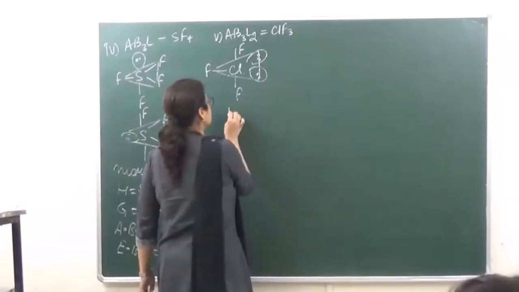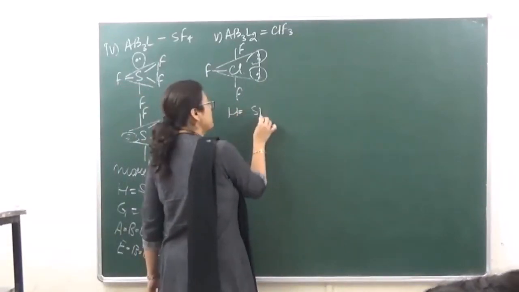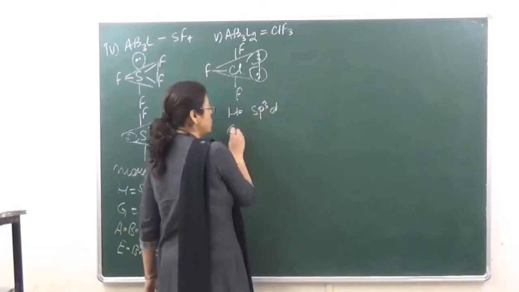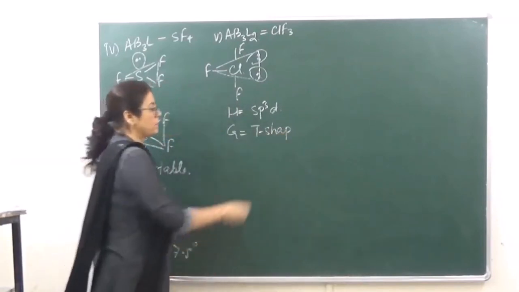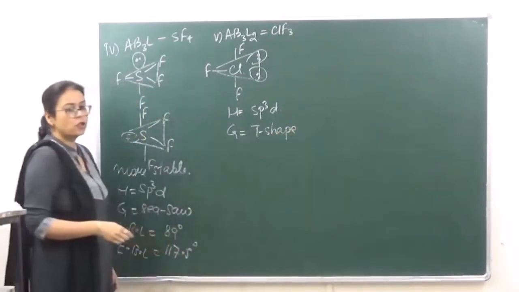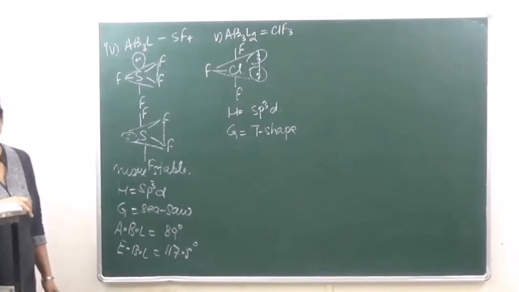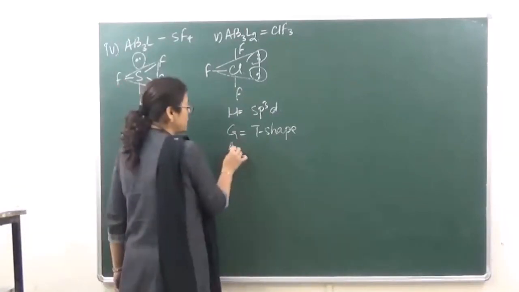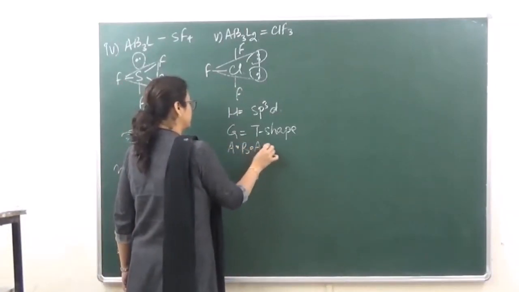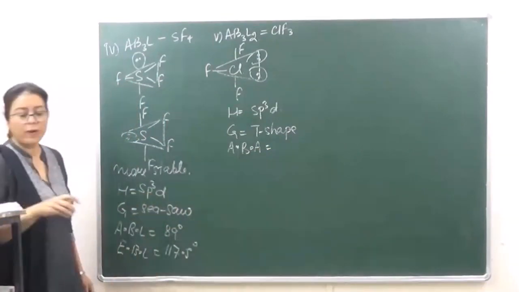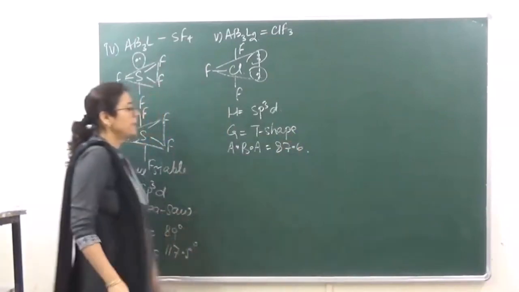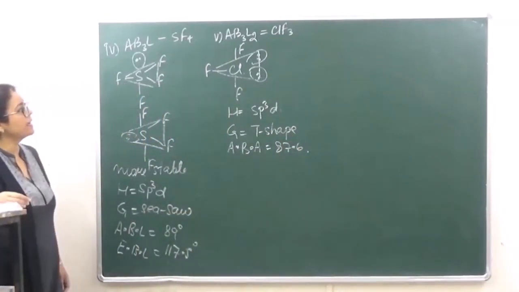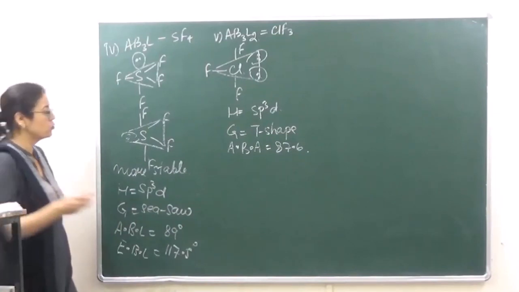Hybridization in this case is going to be the same, sp3d. The geometry in this case is going to be T shape. Clear? And the axial bond angle is equal to 87.6 degrees.